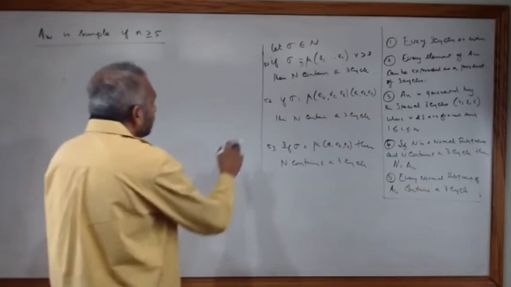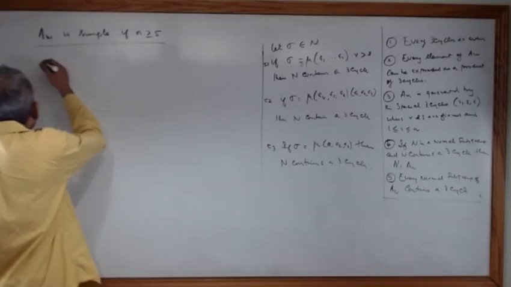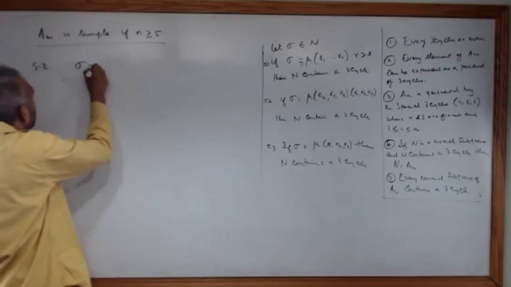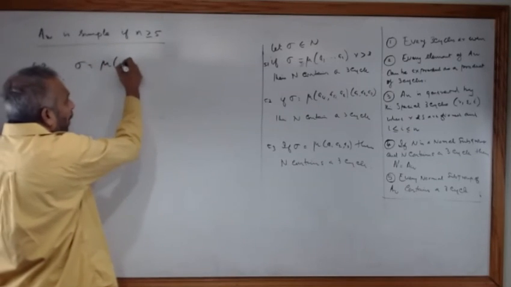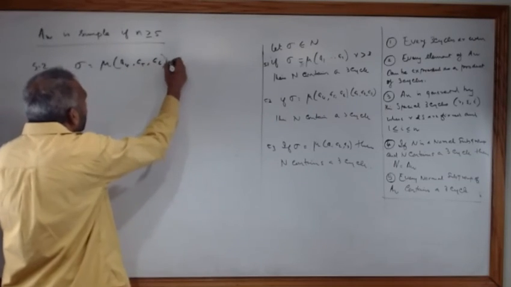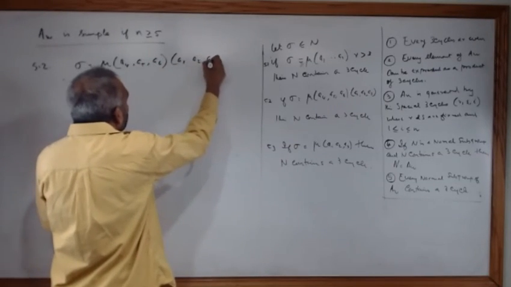Now let us prove the second part, 5.2. Here sigma equals mu of (A4, A5, A6)(A1, A2, A3).